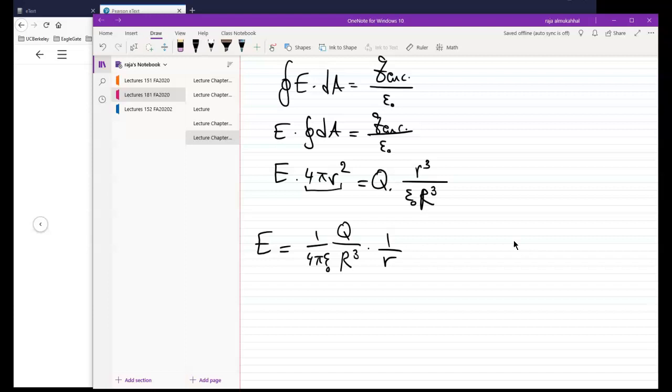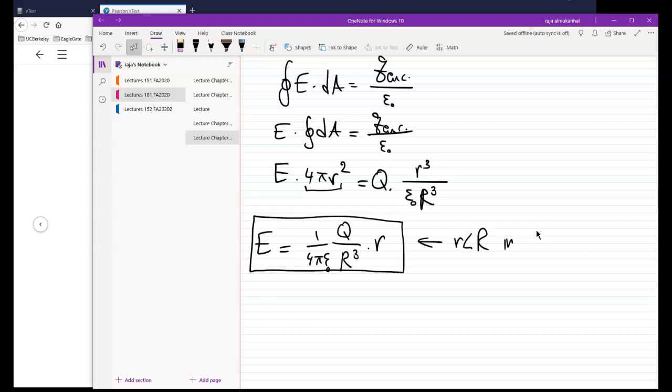I'm sorry, I know it doesn't look right, I'm trying to do it in one step. Is that right? I move this over here, becomes that. Yeah. And there we go. We have this formula. Looks really different. We've never seen a formula like this before. So this is for r less than big R, inside.